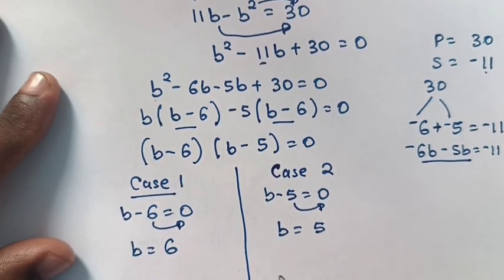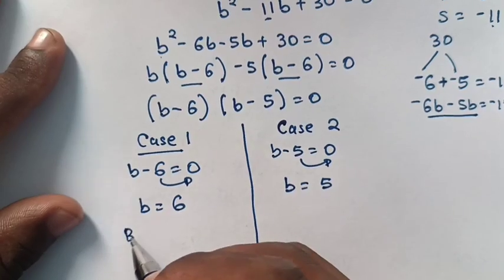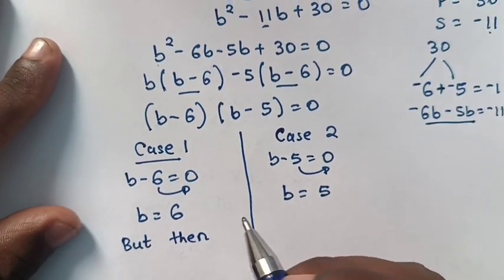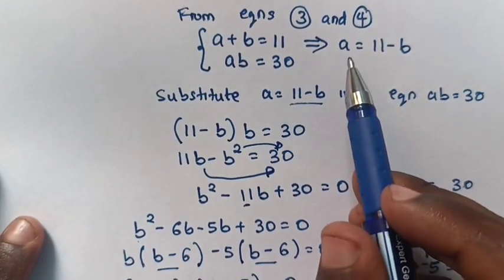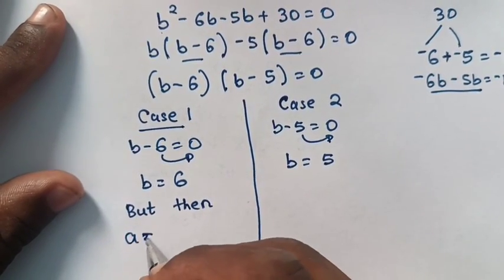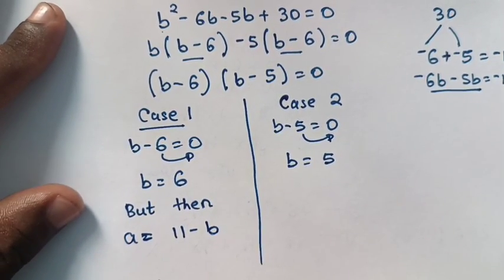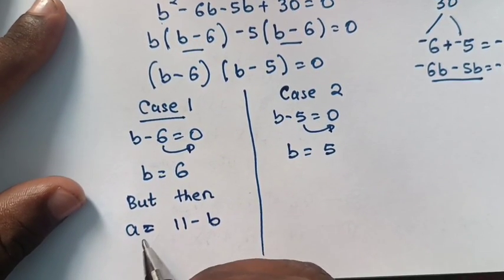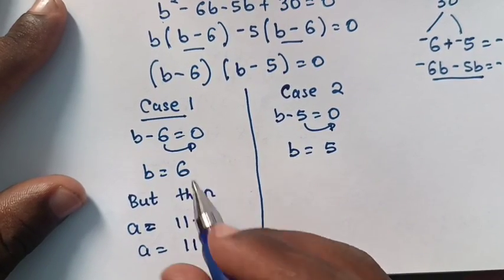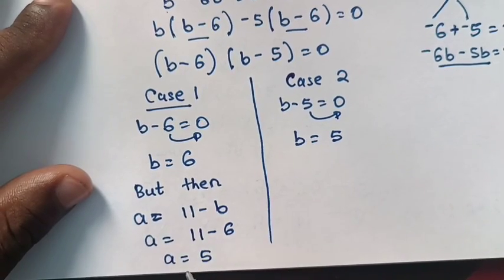Then to find the values of a, from a is equal to 11 minus b, but b is 6, so a will be equal to 11 minus 6, so a is equal to 5.